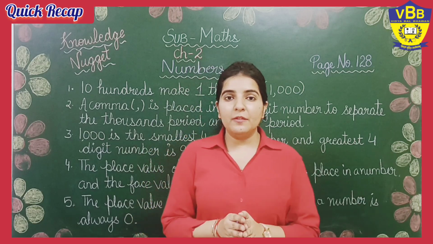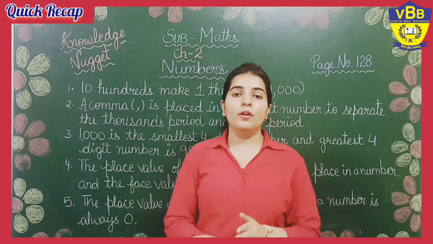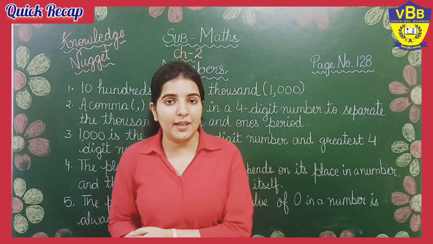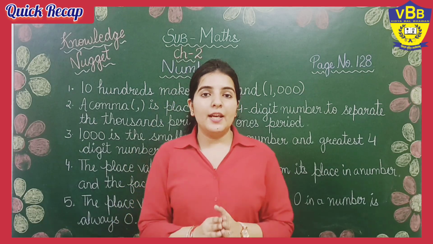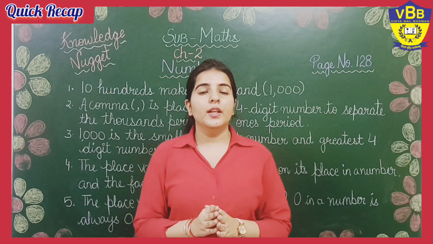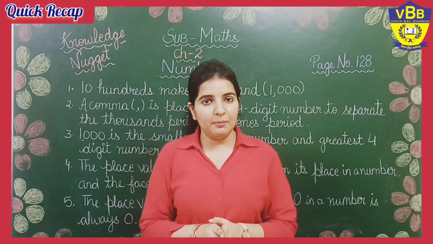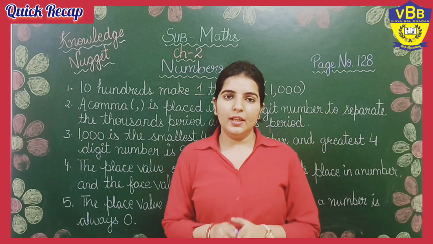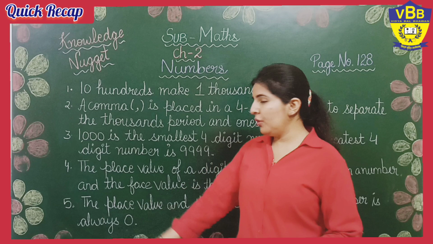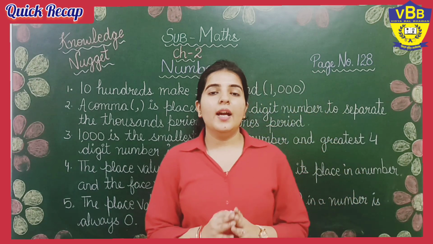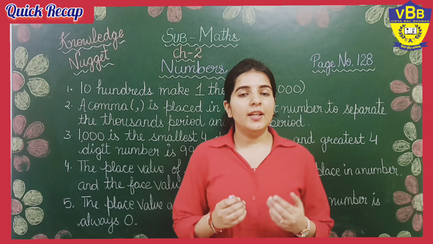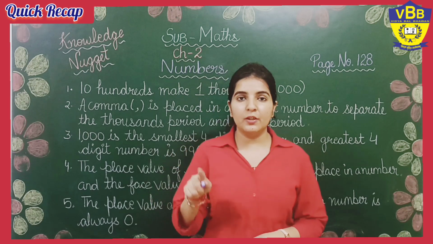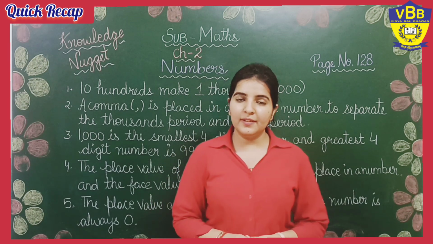Repeat with me that the place value of any number will change according to the change in its place, but the face never changes. The face of the number will remain the same. That means the face value of any digit will be the number itself. And the last point is the face value and place value of 0. It doesn't matter on which place it is. The place value and face value of 0 will always remain 0 only.